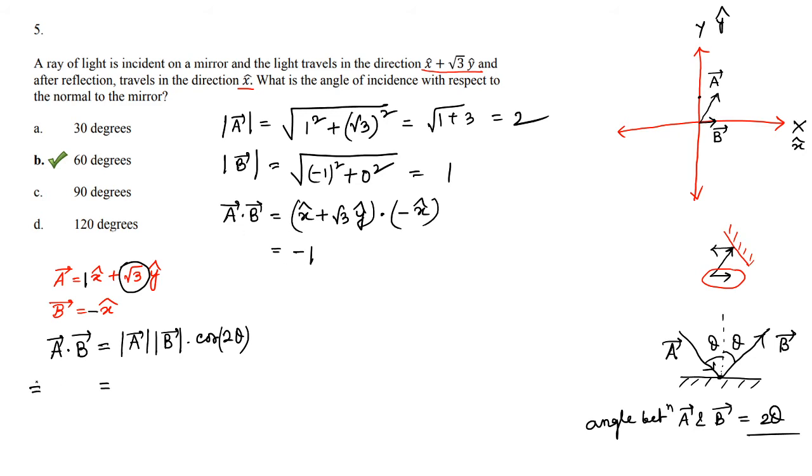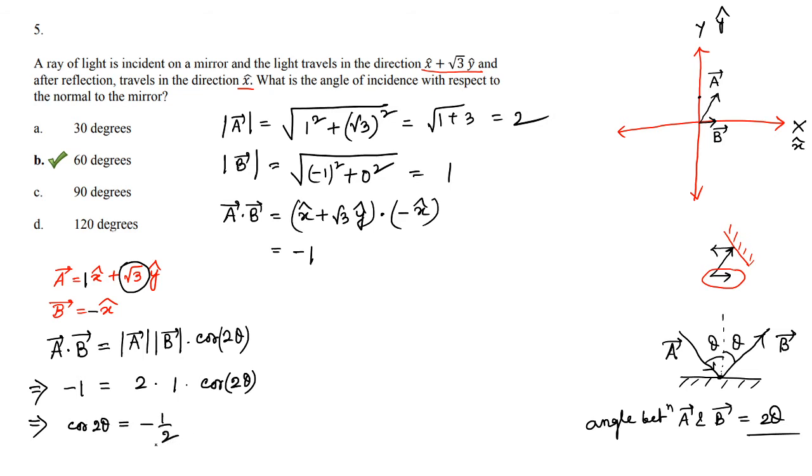So we can write it as, it implies minus 1 equal mod of A vector is 2 times mod of B vector is 1 times cos 2 theta. That implies cos 2 theta is equal minus half.